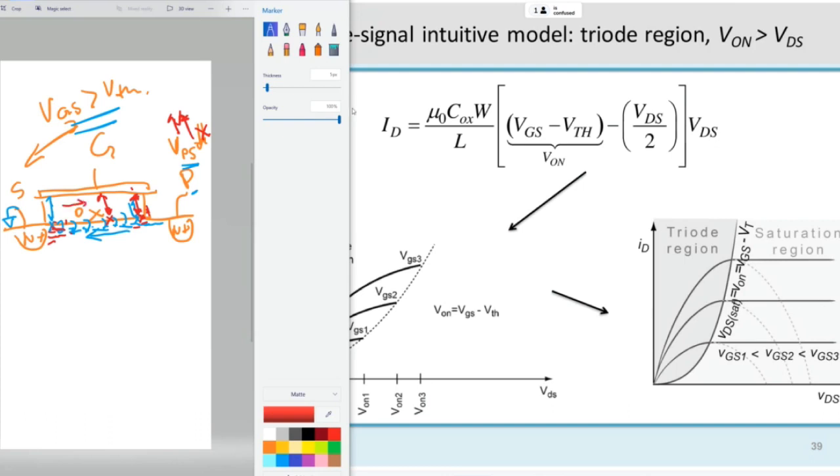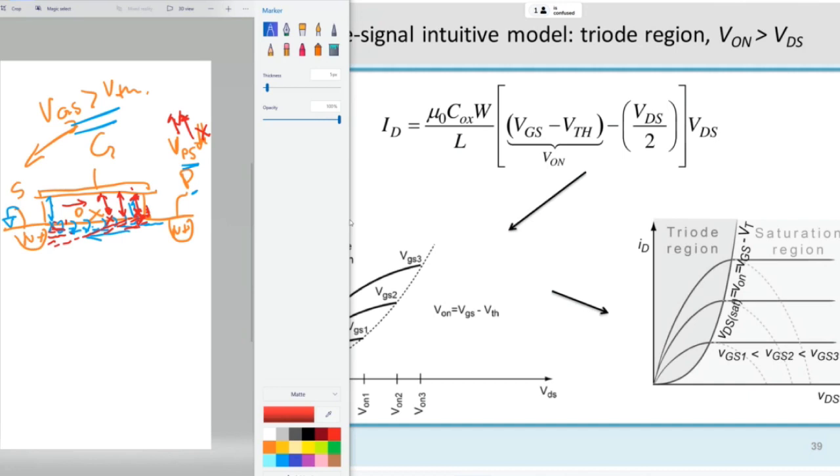And if this potential difference decreases, the density of charges in the channel decreases. So if I plot the density of charges like this, here I have a small density of charge, and here a large density of charge. What does it mean? I'll have fewer carriers.